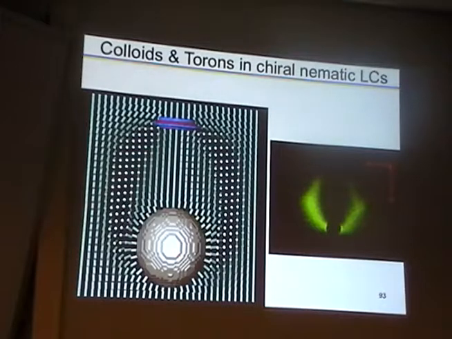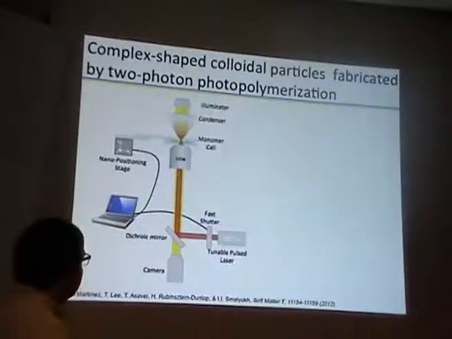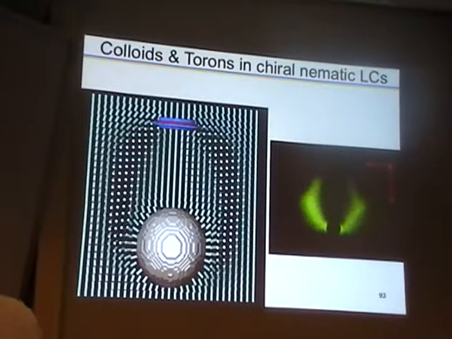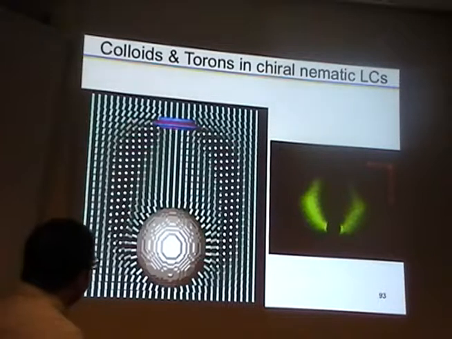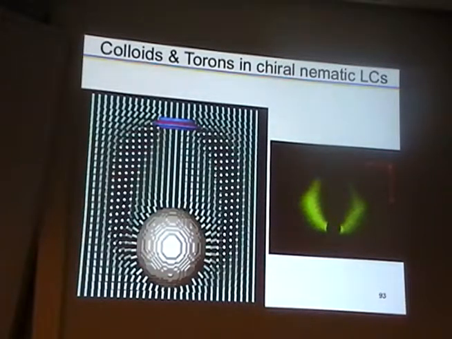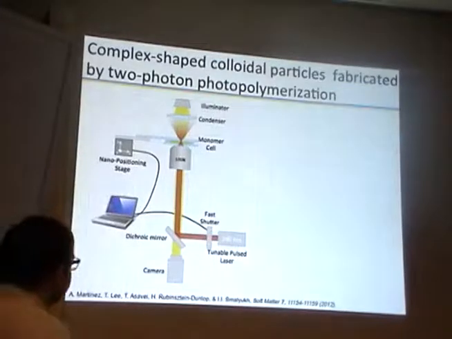So this defect loop of half integer disclination here is essentially compensating the hedgehog charge of this colloidal sphere with perpendicular boundary conditions. So you can see that in chiral nematics, a lot more interesting configurations can occur compared to just nematics, because we can have also those twisted solitonic structures occurring in combination with colloidal particles.